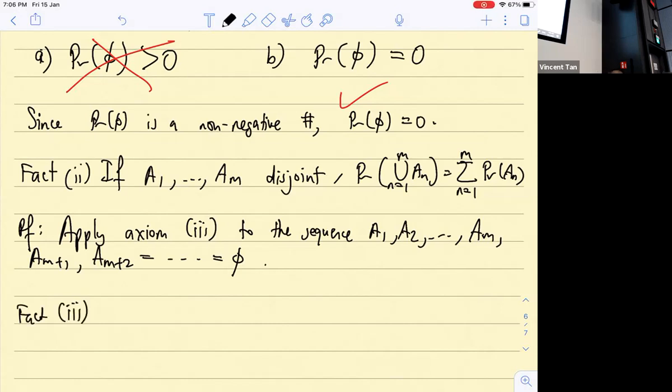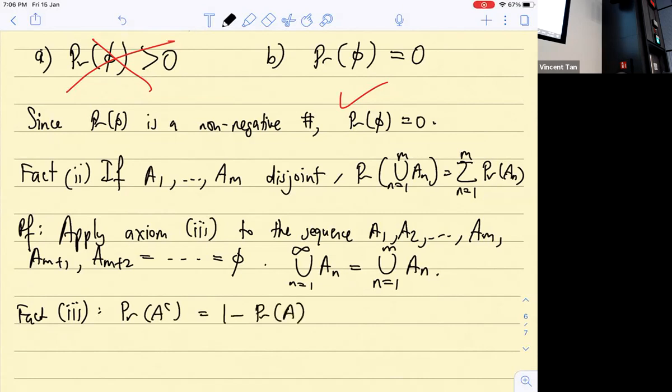Just to belabor the point, this is because the infinite union of An in this particular setting is equal to the union up to M, because the rest are empty sets. Now the fact 3 to be proved is probability of A complement is equal to 1 minus probability of A, for all A that are legitimate events.